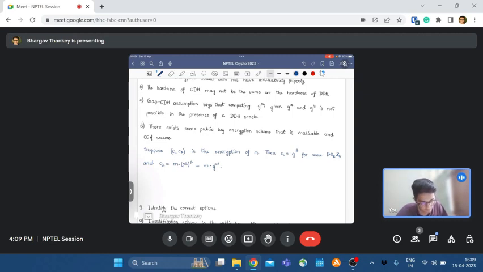Now suppose we want a ciphertext for gamma times M, for some gamma of our choice.